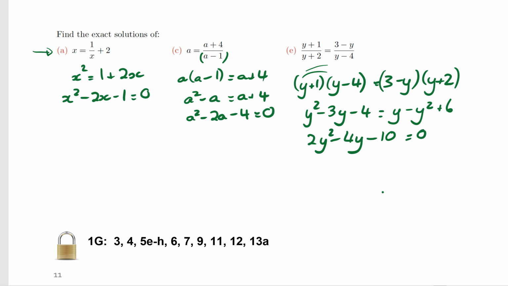Now, if I was to factorise this, I could say, well look, I can take out 2 as a common factor. But because of this equal sign, I can do even more than that. I can now say, well actually, let's divide every single term, both sides, by 2.